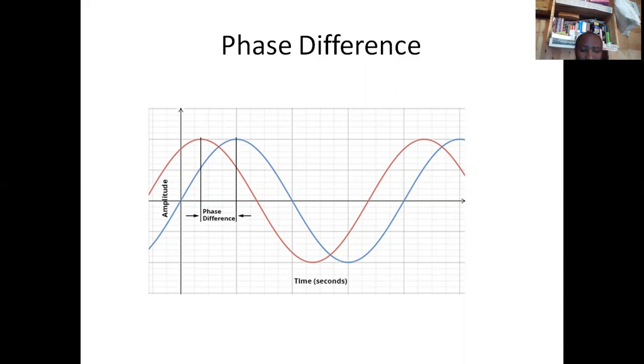But when one is moving faster than the other one, or one begins earlier than the other one, then we say they are out of phase, and you can measure the phase difference using a term we call phase angle. And we shall also be discussing phase angle much more in our subsequent discussions.